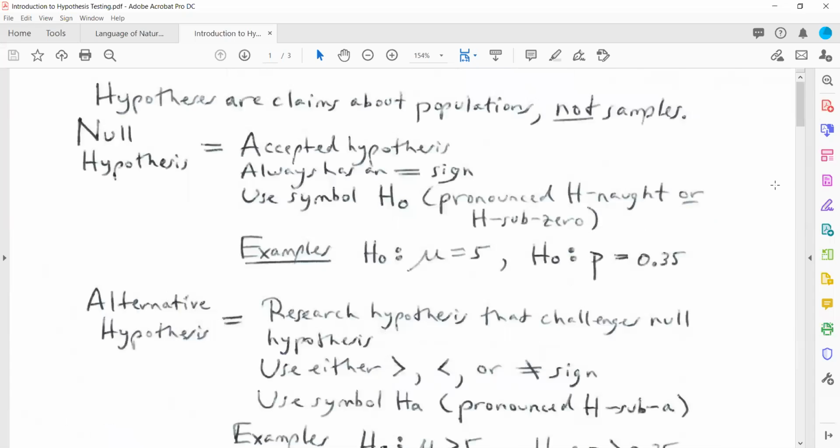So a hypothesis test. Now, if you remember a confidence interval, let's talk about confidence intervals for a minute. The purpose of a confidence interval is to estimate an unknown population parameter, such as a population mean or population proportion. And the only thing that we get from a sample, if we have a mean, is our sample mean.